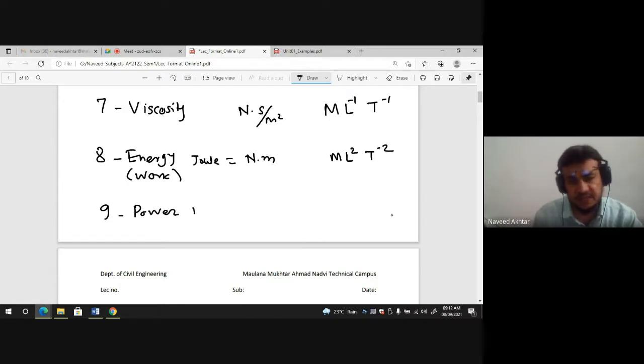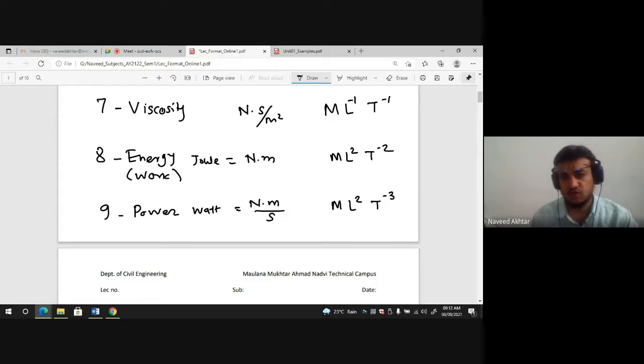Power generally we measure in the watt, which is Newton meter per second. You write the dimensional quantity for the watt: ML² T⁻³. So that is a derived unit.